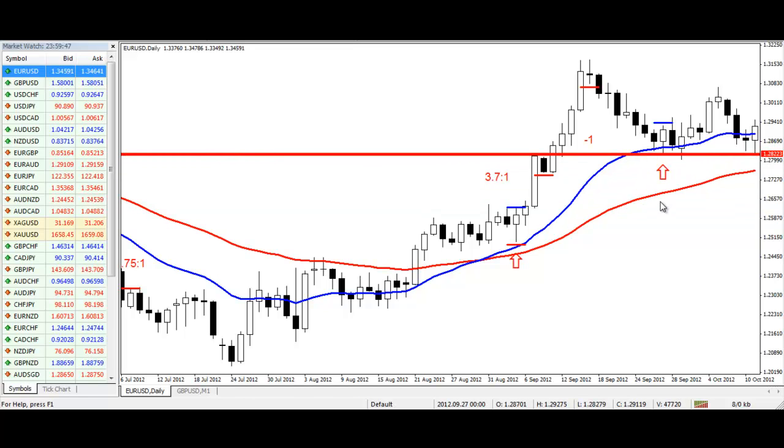We can see price bouncing off that support level. We've actually got ourselves a double touch of this level here, and we've got ourselves a reversal bar formation from seller candles into a buyer candle, so bearish to bullish, and we actually have an engulfing bullish candle there as well, which gives us a signal that price is likely to move up.